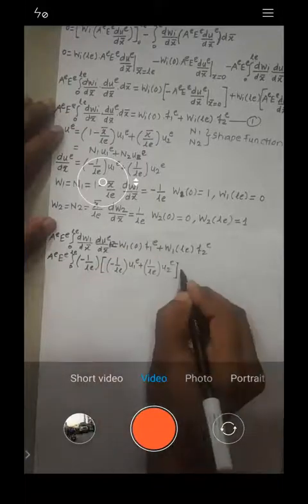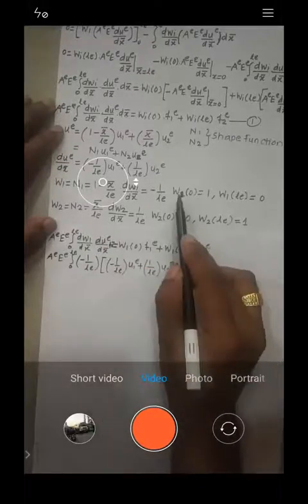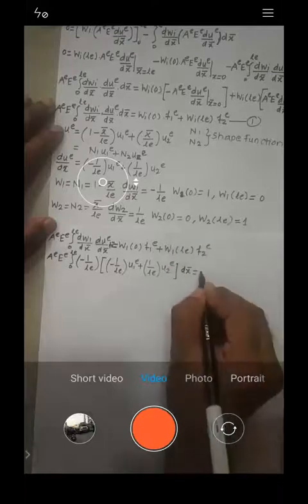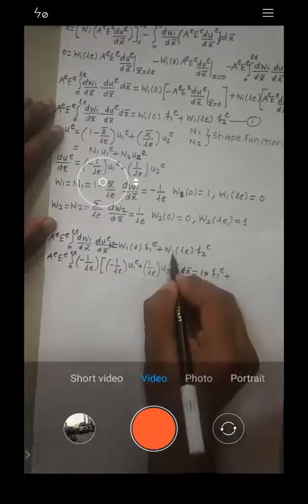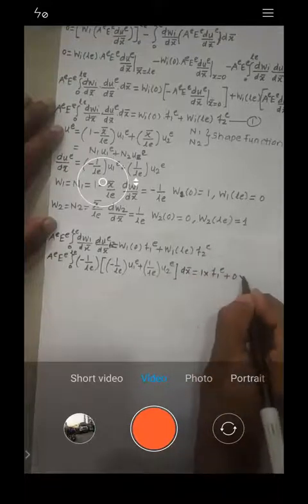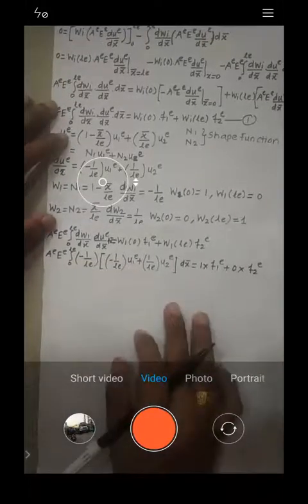Is equal to, into dx bar is equal to, what is the first weight function when x is 0? Tell me. It's 1, na? 1 into F1E plus, what is the first weight function when x is LE? 0. Understood or not? Let me know. Understood?